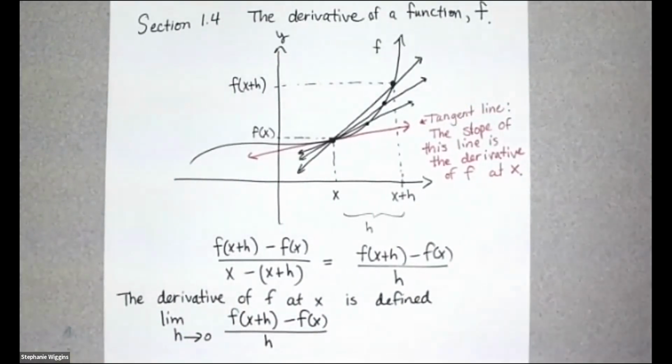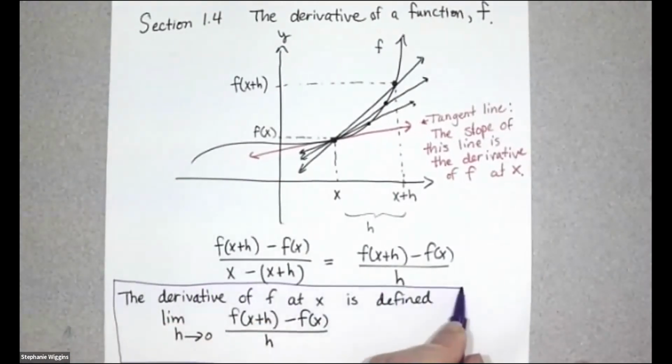That is the definition of your derivative, and it simply represents the slope of the tangent line at that point.